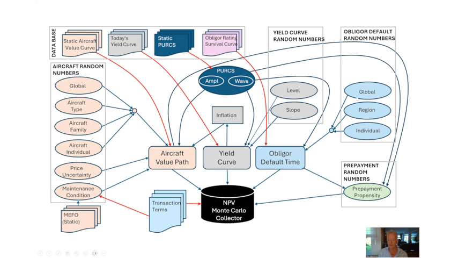The sources are: one random number that is global, so it affects all airlines equally; one random number that is regional, affecting every airline in a region equally; and the individual random number that is unique to each airline. Those are weighted in a certain fashion so that the obligor default time is correlated among different obligors.